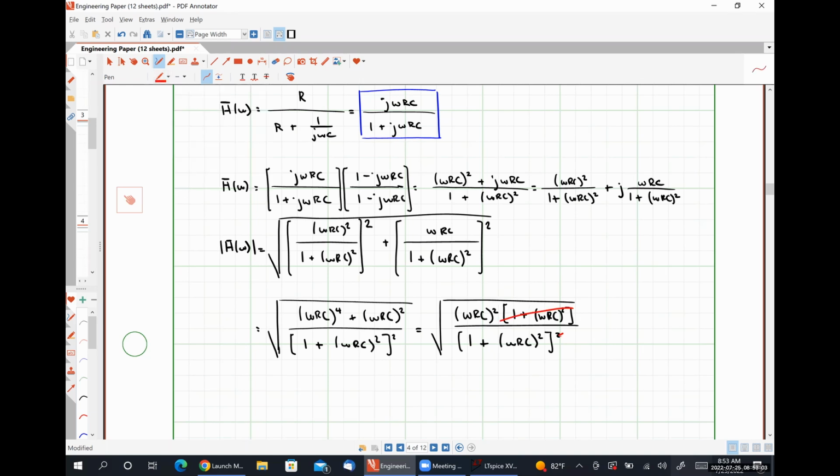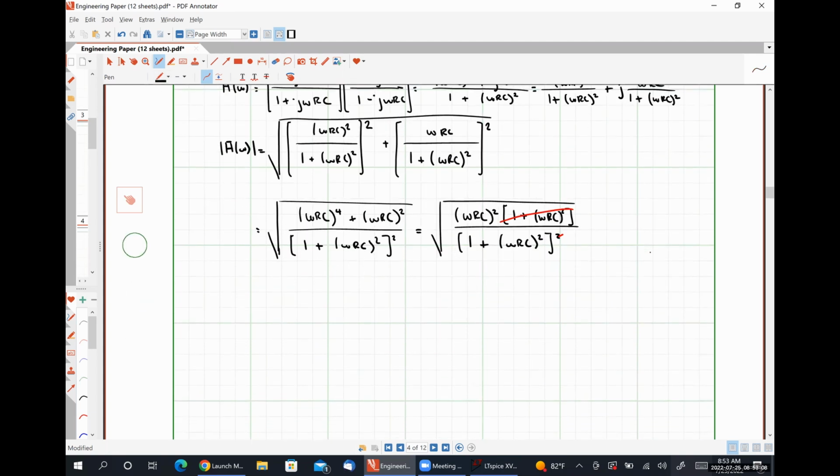This bit cancels out 1 power, and we are left with omega RC over the square root of 1 plus omega RC squared. This is what our magnitude response looks like.